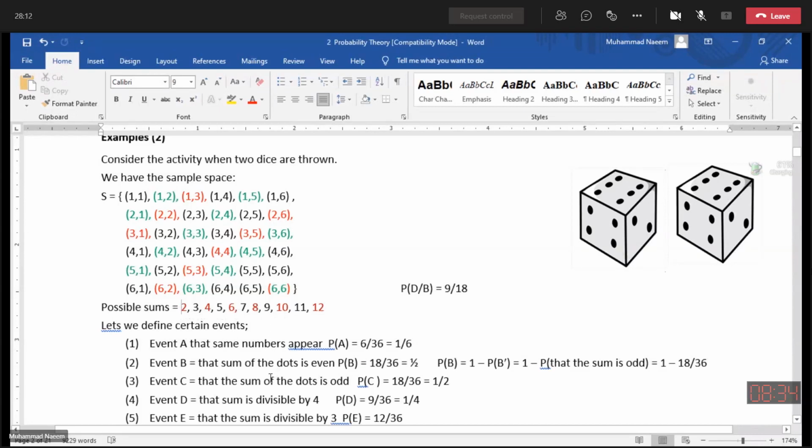These ordered pairs are in favor of B, and other than these, whose sum is 3, 5, 7, 9 or 11, they are in favor of C. Actually 18 ordered pairs are giving an even sum and the other 18 are giving an odd sum. So their probability is 18 by 36 for B and C.